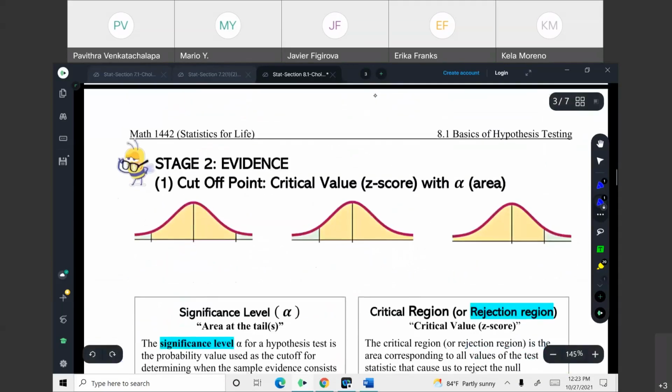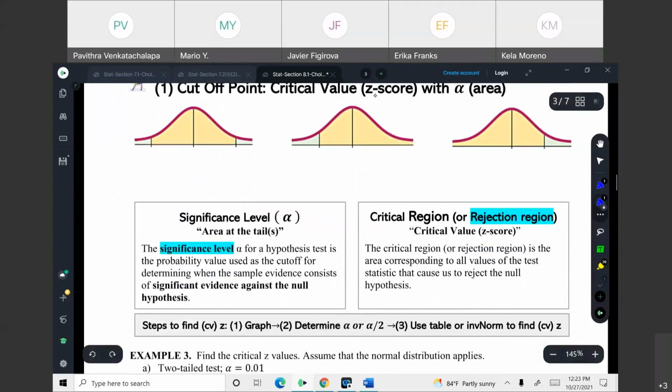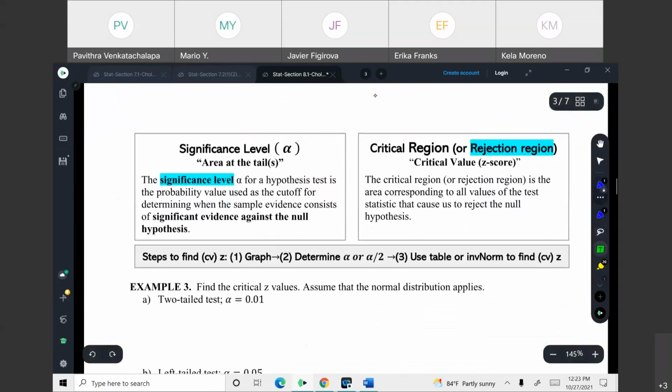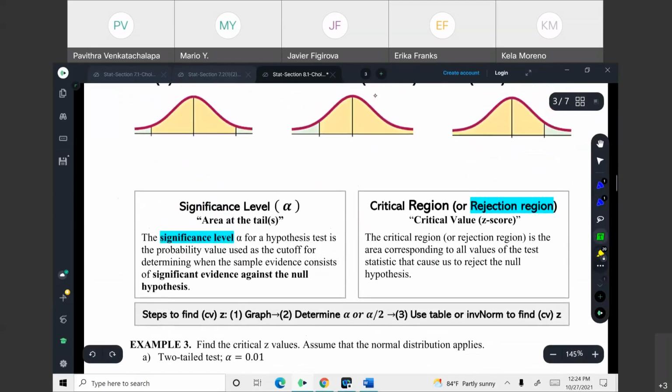Okay, now what is a critical region? Critical region is nothing but the region or the area under the curve.